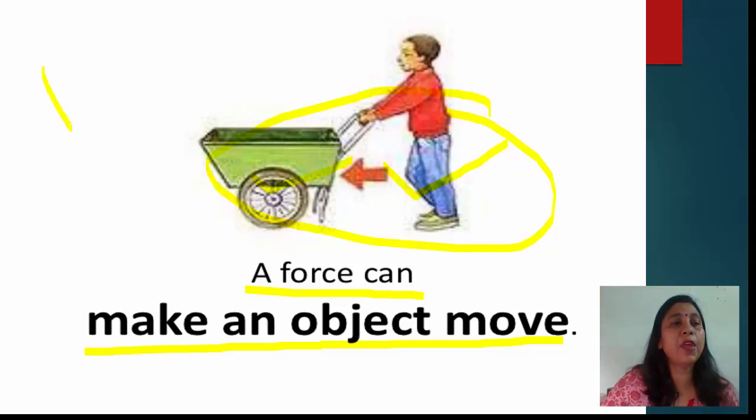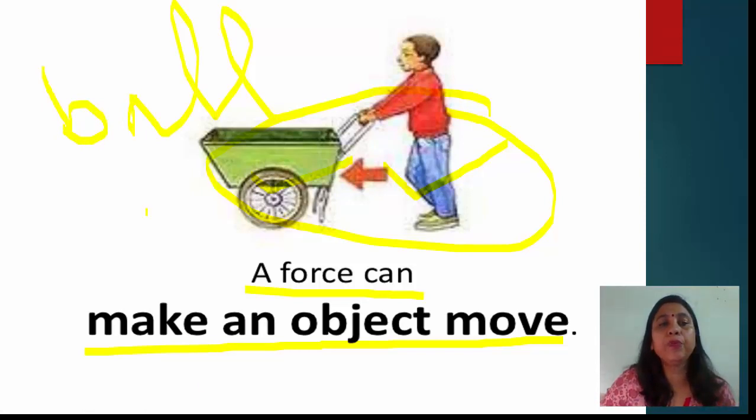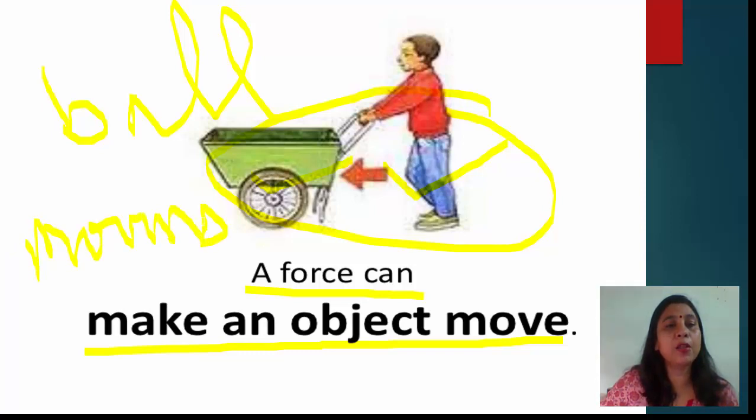In the same way, suppose there is a ball lying on the ground and you kick it. The ball starts moving. So the kick that you made is the force and the ball starts moving. That means the force can make an object move.